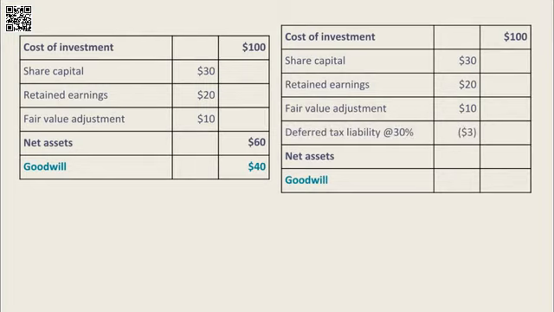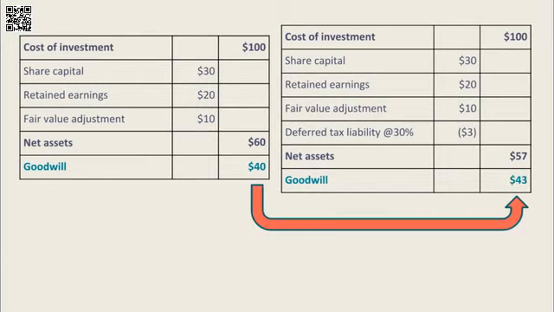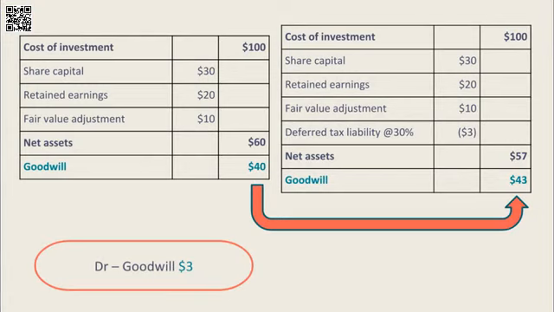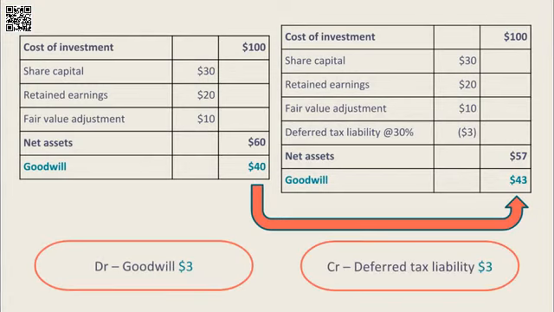The increased deferred tax liability, assuming a rate of 30%, would be 3. This means that the net assets acquired are actually 57, and compared against the cost of 100, this gives a revised goodwill figure of 43. We can see that goodwill has increased by 3. The journal, therefore, for the increase in deferred tax as a result of the fair value exercise on acquisition is to debit goodwill 3, credit deferred tax liability 3.